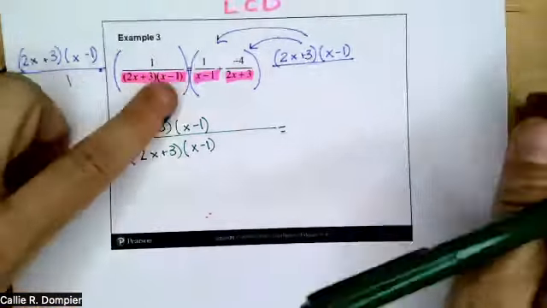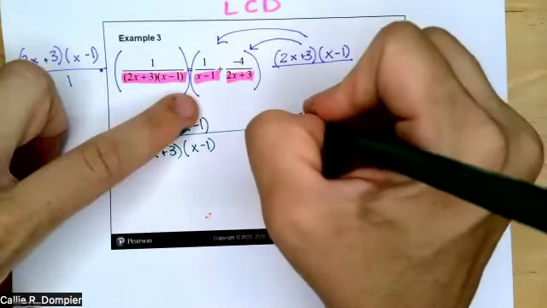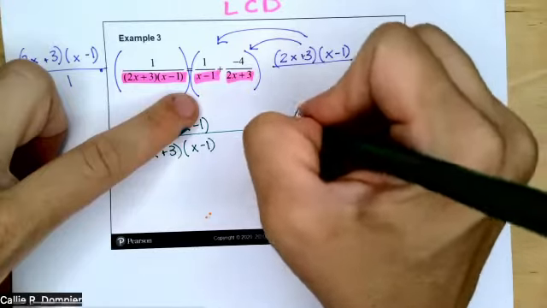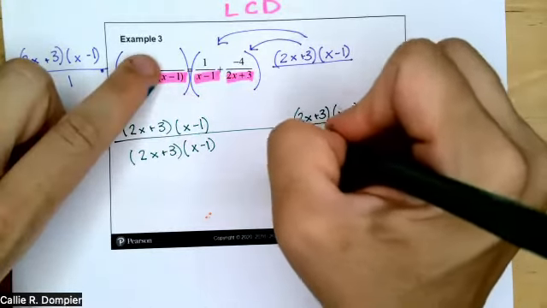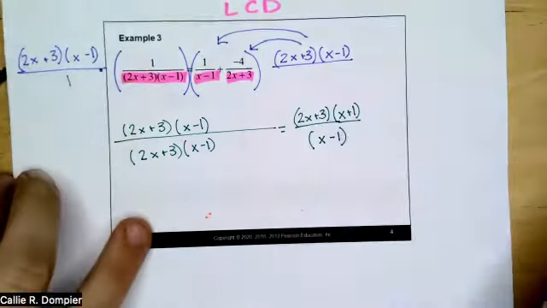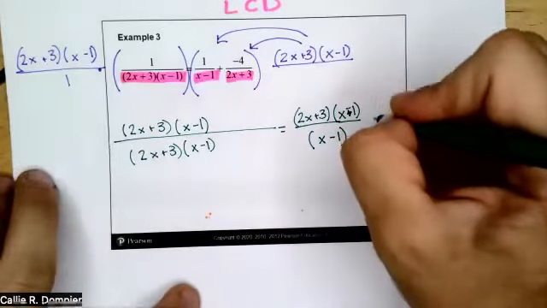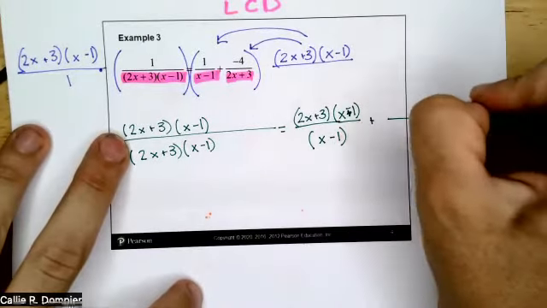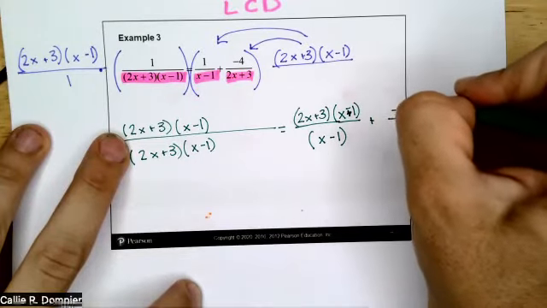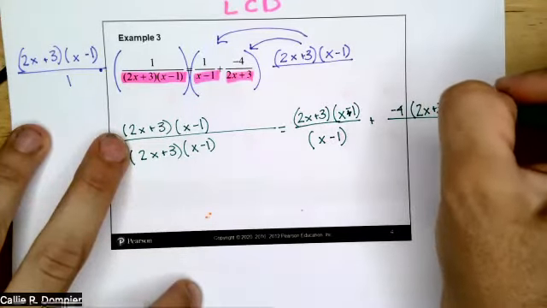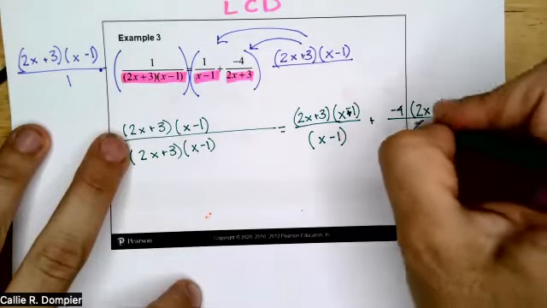Equals, here I'm distributing this here. 2x plus 3 times x minus 1 over only x minus 1. Oops, sorry, there should be a minus. Thank goodness. It'd be a mess if it wasn't. Plus negative 4 times 2x plus 3 times x minus 1 over only 2x plus 3.